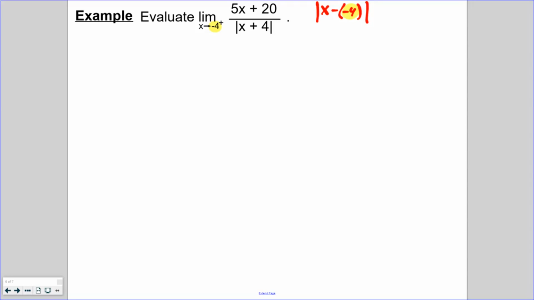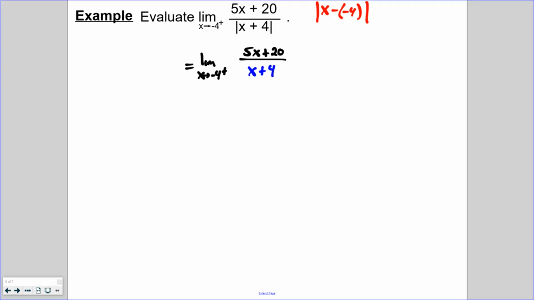So therefore, we can pull apart this function. But remember, we're only looking for the limit as x approaches negative 4 from the right, which means from the right, we're looking for the positive inside. So I can rewrite this limit to be the limit as x approaches negative 4 from the right of 5x plus 20 over the positive piece, which is just x plus 4.